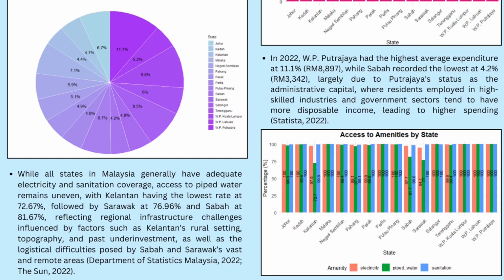However, access to piped water remains uneven, with Kelantan having the lowest rate at 72.67%, followed by Sarawak at 76.96% and Sabah at 81.67%. This reflects regional infrastructure challenges influenced by factors such as Kelantan's rural setting, topography, and past underinvestment, as well as the logistical difficulties posed by Sabah and Sarawak's vast and remote areas.